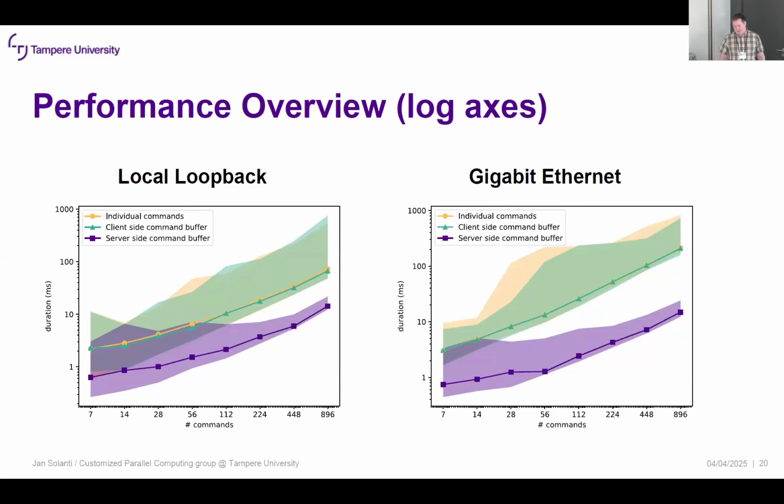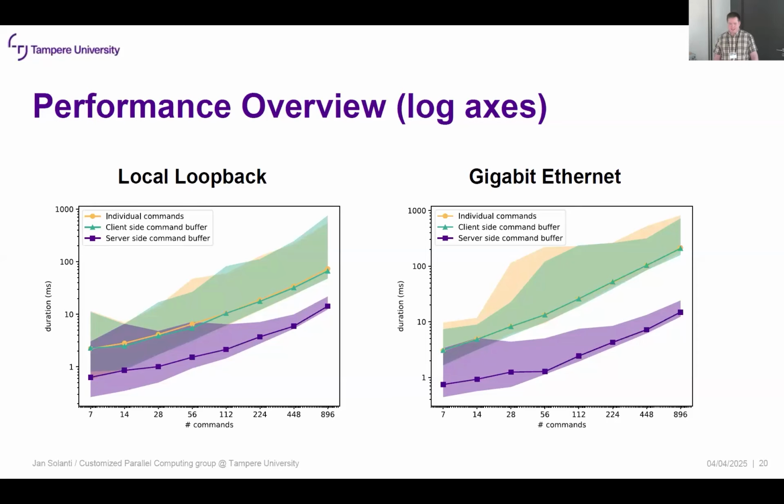So in yellow, we have the baseline implementation, which just sends all the commands one by one. And as expected, using the client-side command buffer overlay gets basically the same performance because it's sending the exact same messages to the server.